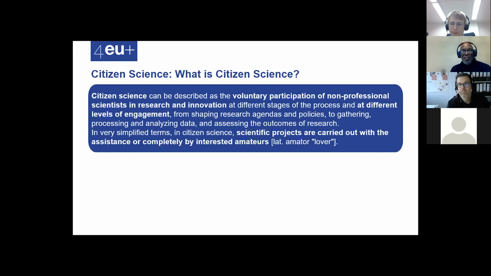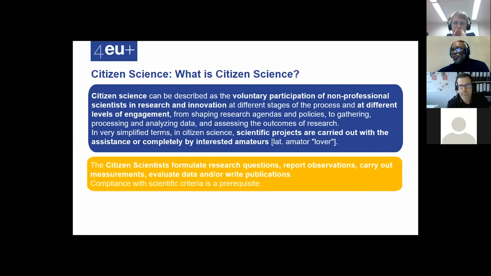In very simple terms, in citizen science, scientific projects are carried out with the assistance of or completely by interested amateurs. Citizen scientists formulate questions, report observations, carry out measurements, evaluate data, and/or write publications, with compliance with scientific criteria as a prerequisite.